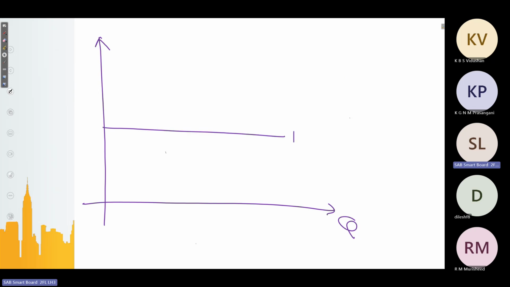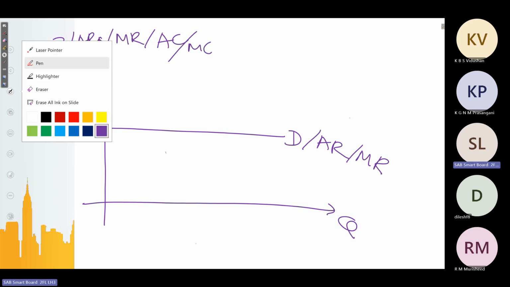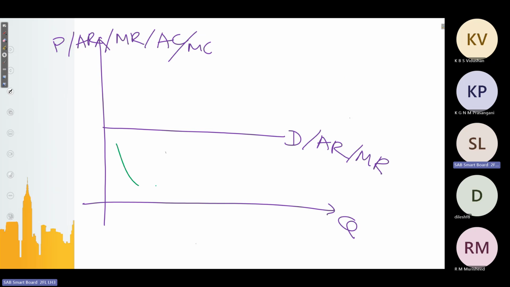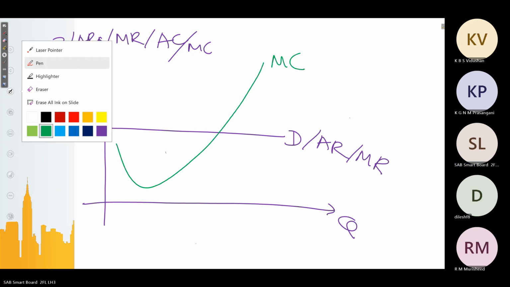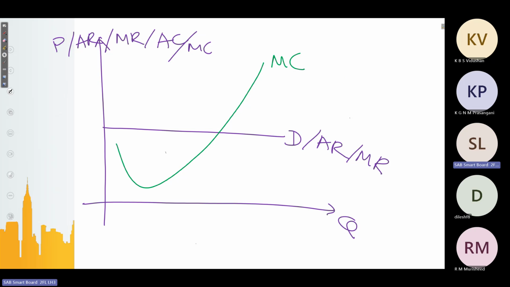This is the demand, average revenue, marginal revenue. We show price, average revenue, marginal revenue, average cost, and marginal cost all in this diagram. This is the marginal cost, and this is the average cost.